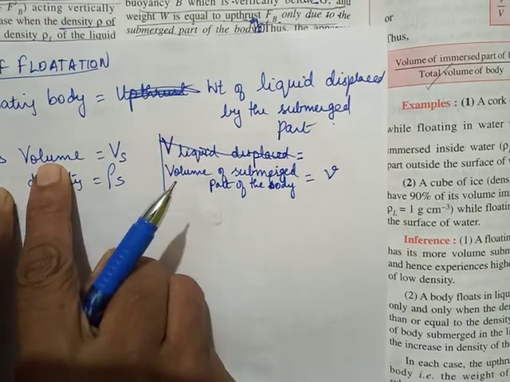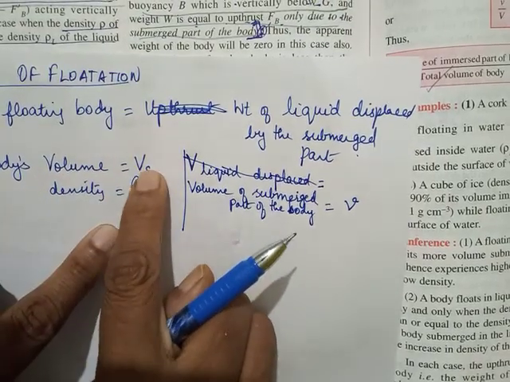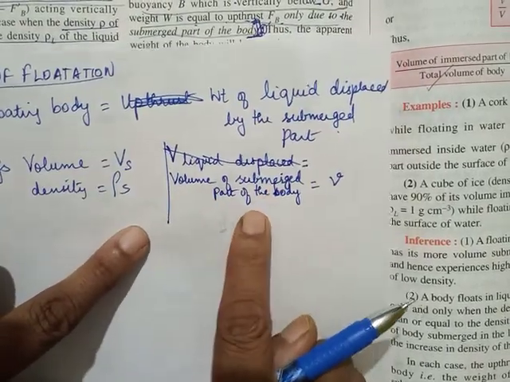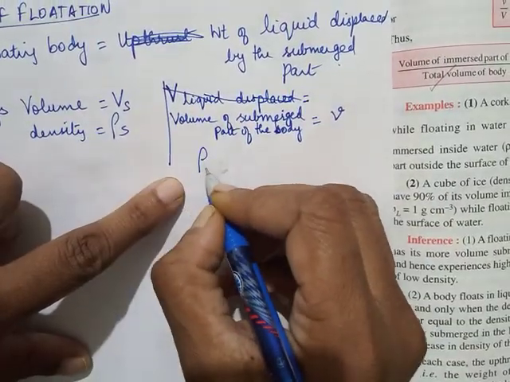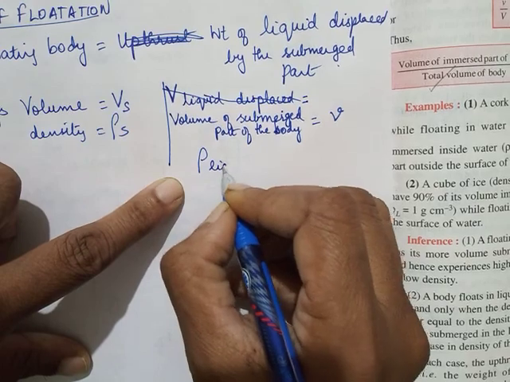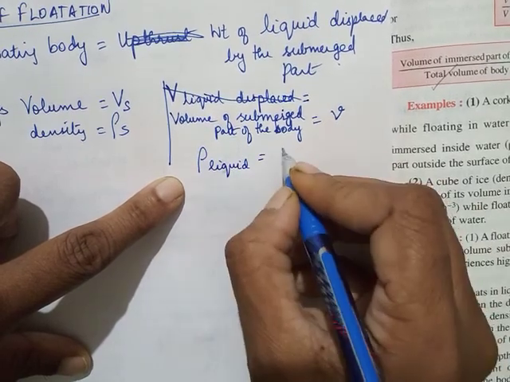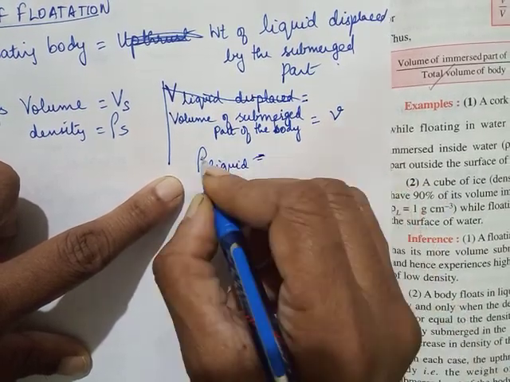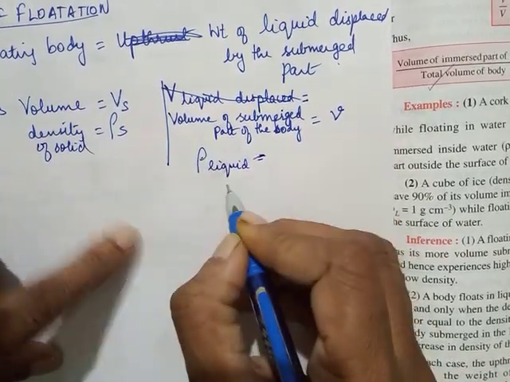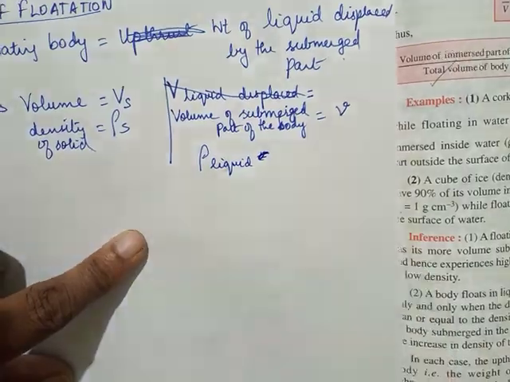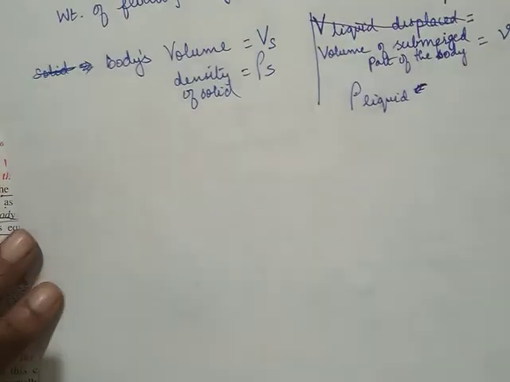The entire volume of the body, we took as capital V suffix s. The volume of the submerged part, we are taking only small v. And density of the solid is rho s, and density of the liquid is rho L. These are the symbols that we are going to use.